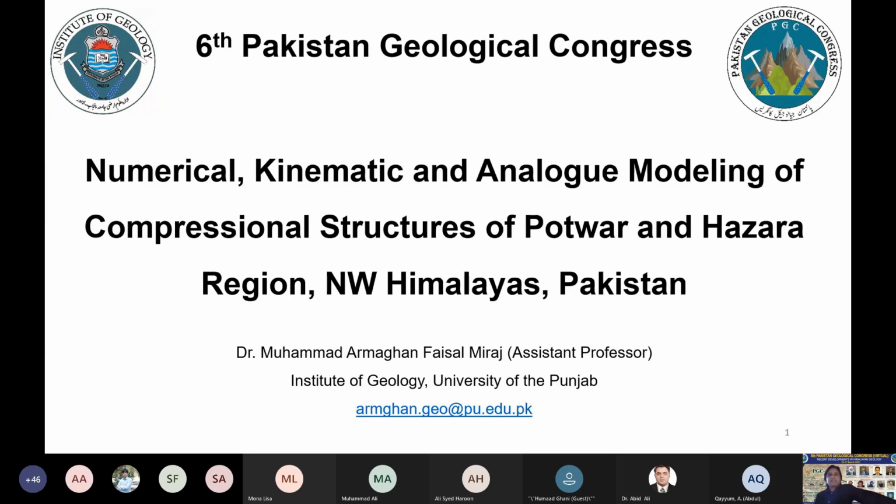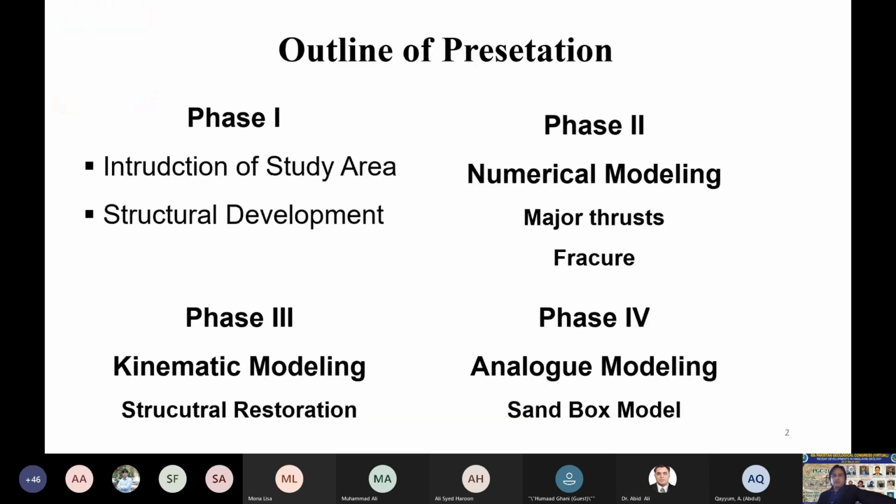So in this presentation, I used 4 different phases. In the first phase, I will introduce the study area, where it is, and then the structural development of the study area, how the different major structures have been developed in response to different tectonic settings.